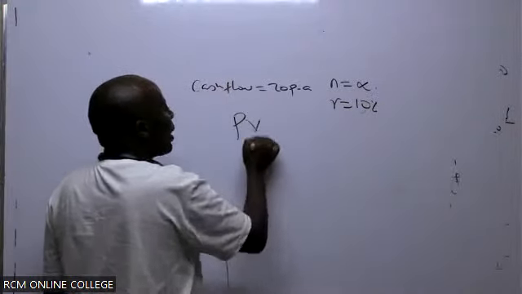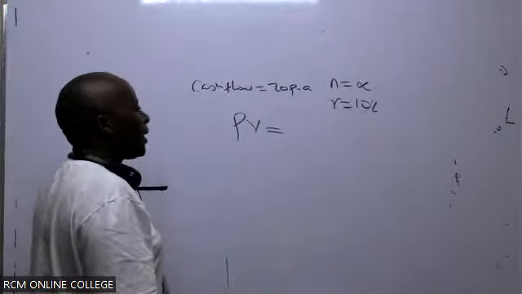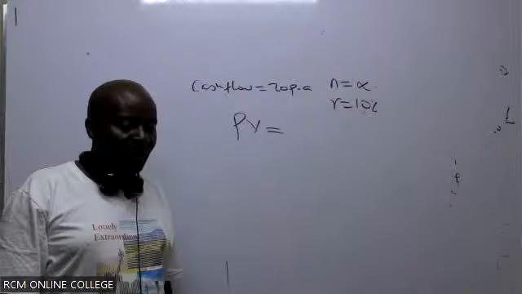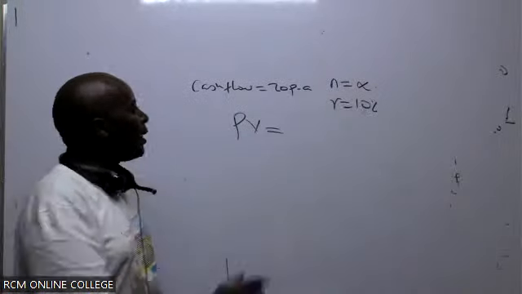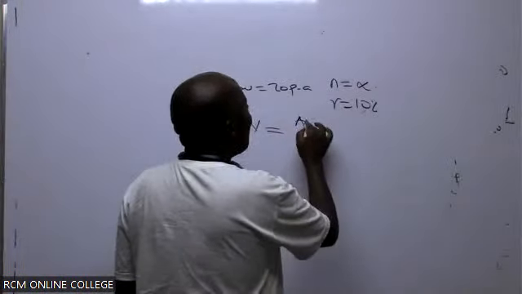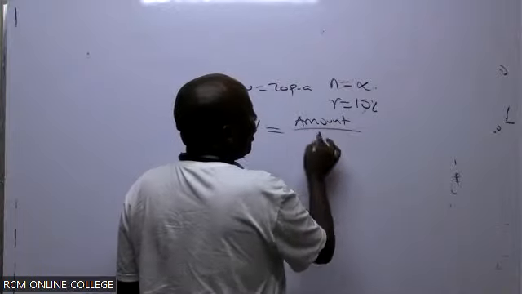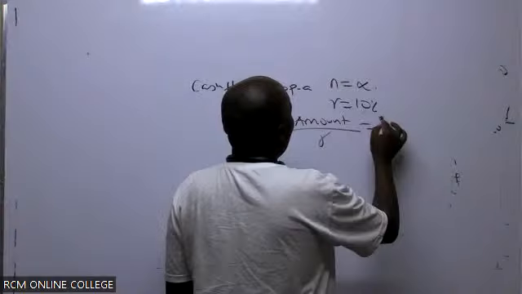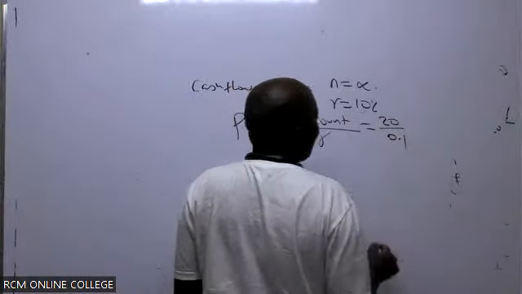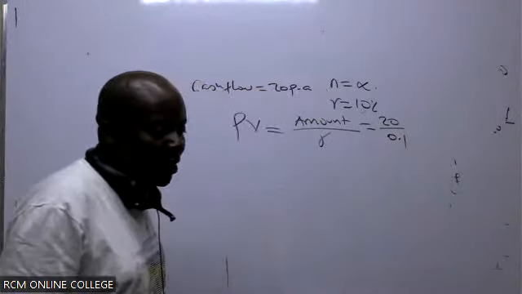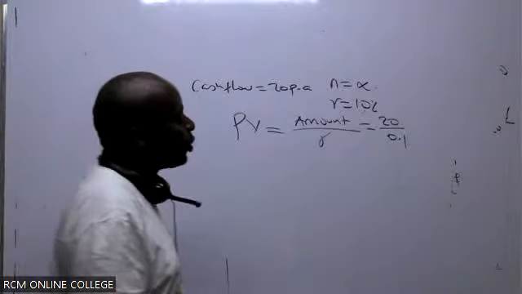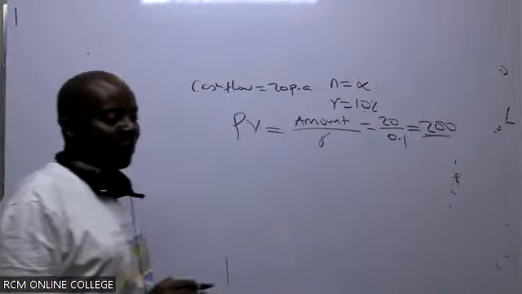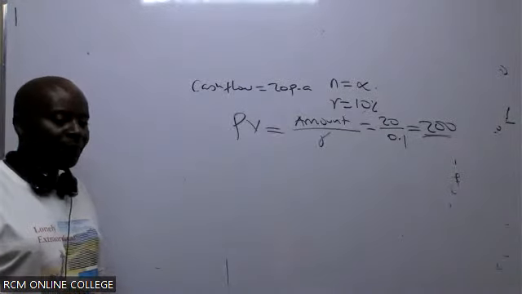Is there anybody who can give me the present value? Thank you very much, Javan. Javan amesema ni cash flow divided by R. Kwa hivyo inamaanisha this will be 20 divided by 0.1 because 10% is 0.1, which ends up giving me 200.